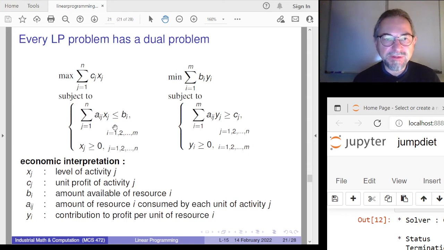So this is phrased in the abstract. Algebraically, you could see that we are flipping the constraints. The constraints become the cost coefficients, and the cost coefficients become the right-hand sides.